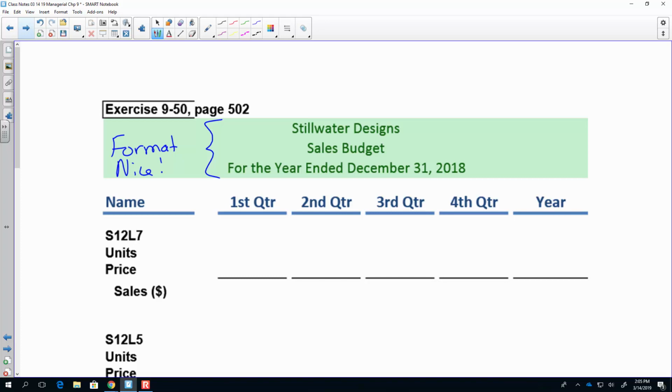Your sales department, VP of operation, maybe a banker might look at these for a loan proposal. So these have to look very nice. Add some color. Make sure the title of the report is on, right?